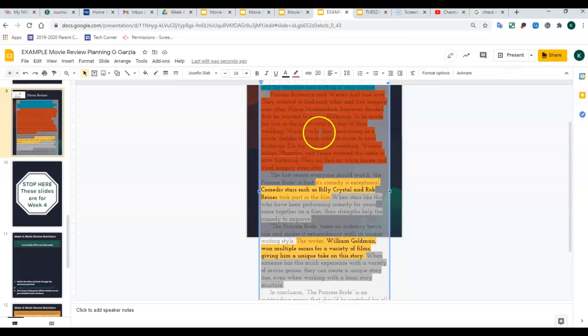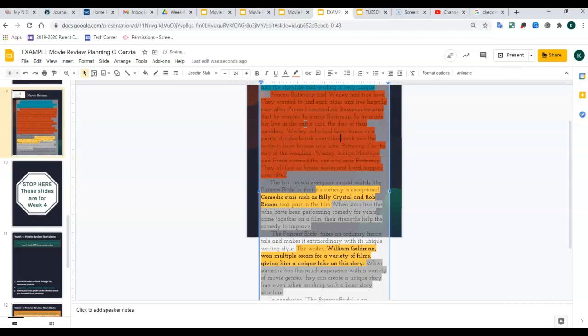Let's see if I can modify one of my sentences up here. Wesley, who had been living as a pirate, decides to break into the castle to save his one true love. Decides to risk everything by breaking into the castle.